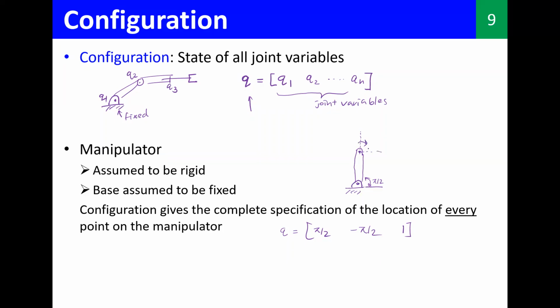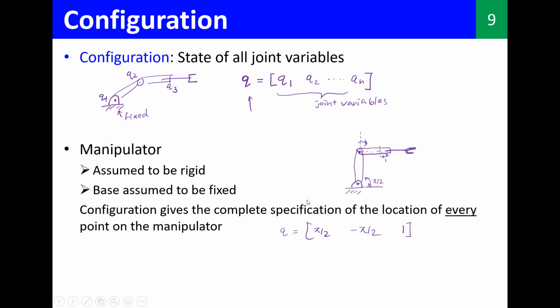So the next link is going to be like that. And then we have maybe this is, let's say 1, shifted 1 to the right. So now we know the location of every point of the manipulator because we assumed it to be rigid and the base is fixed. Understood?